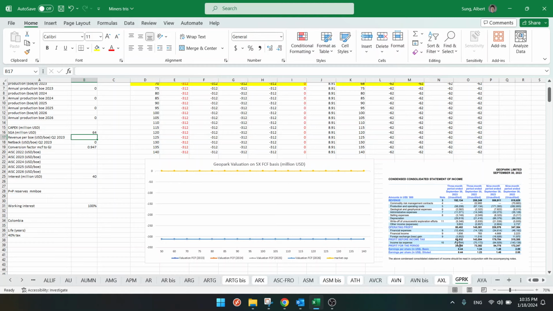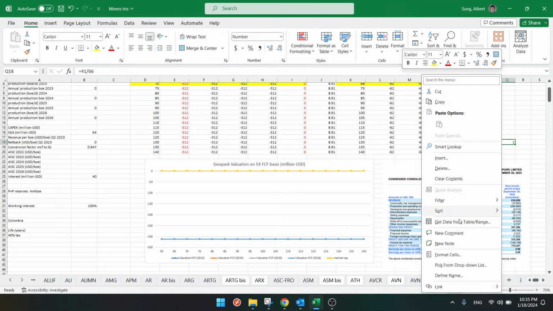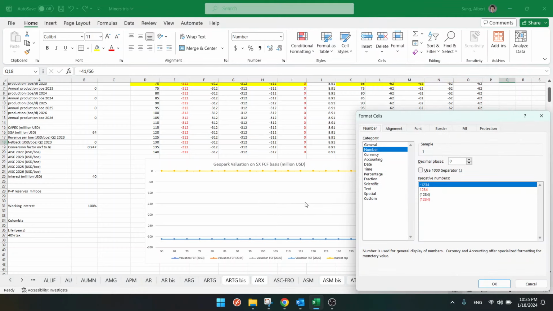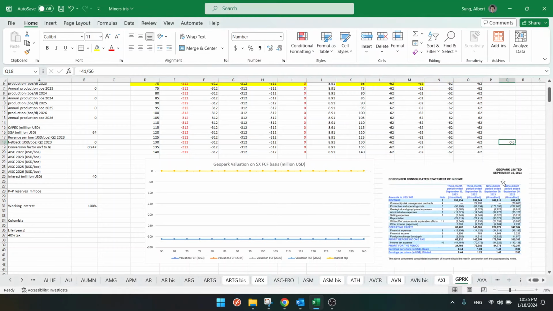Income tax expense. Yeah, that's a pretty high tax. 41 divided by 66, that's a lot of tax.